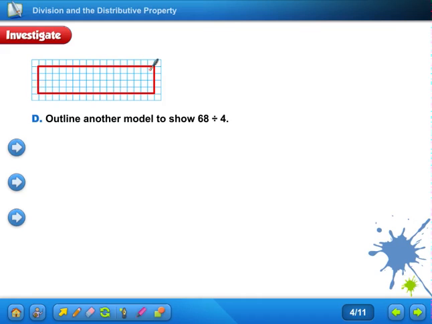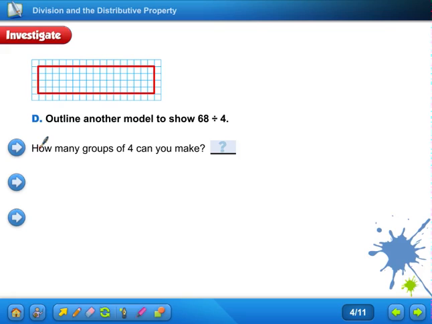I just counted all my boxes to make sure I had 68 in there. And I do. So I have 4 down, but a total of 68 inside.